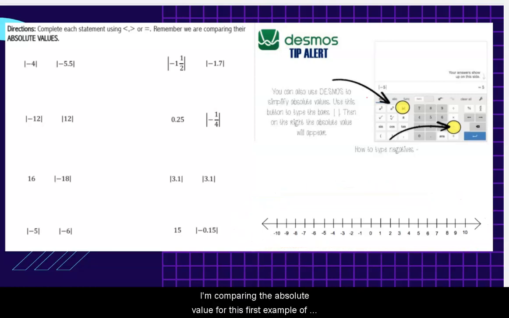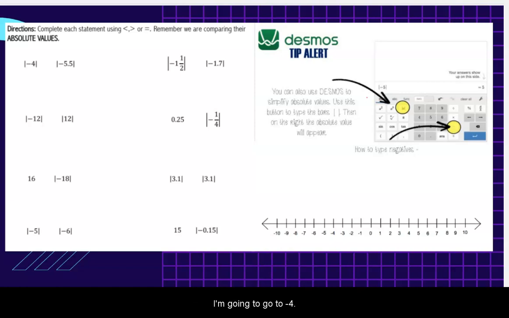I'm comparing the absolute value for this first example of negative 4. I'm comparing that to the absolute value of negative 5 and 5/10. So I'm going to place the first number on my number line. Absolute value of negative 4.